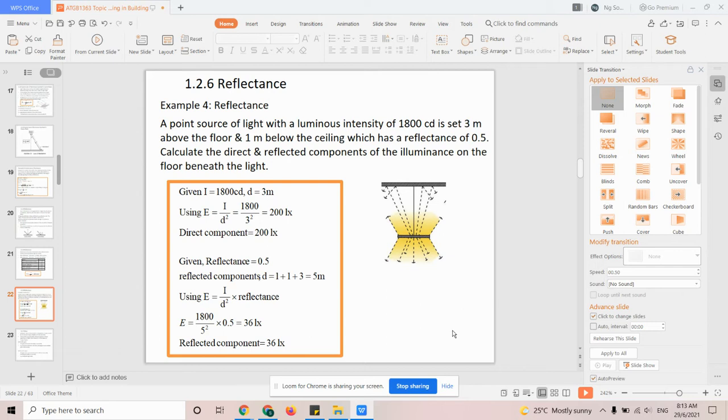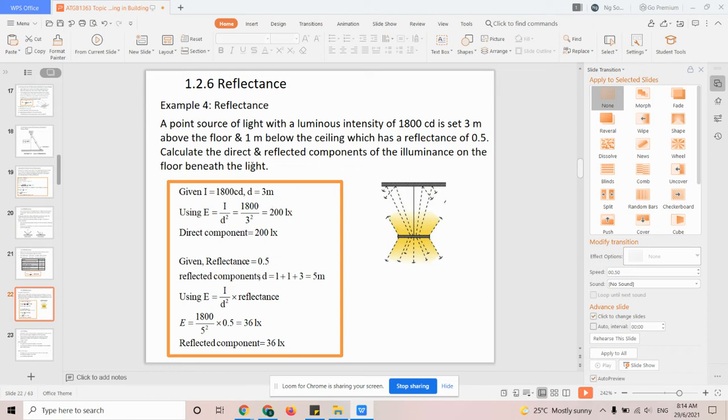In total, you have 4 meters from floor to ceiling. And you're given a reflectance ratio of 0.5 for your ceiling. This means that your ceiling is able to reflect 50% of the light energy back.